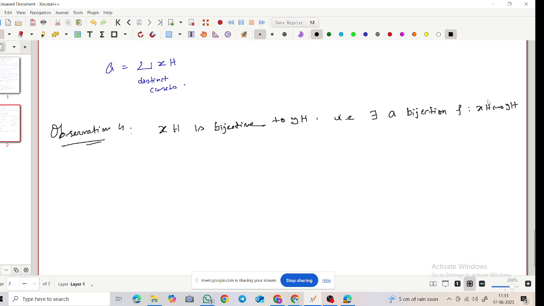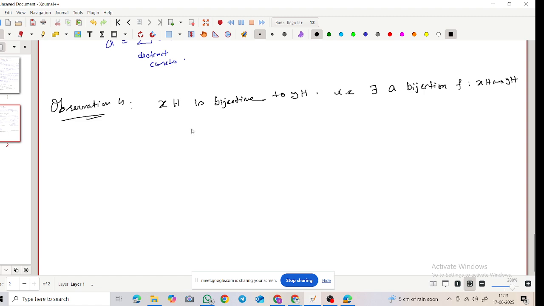Can you tell me the map? So from XH to YH, what will it be? We are taking XH and sending it to YH. That's it. Nothing else.